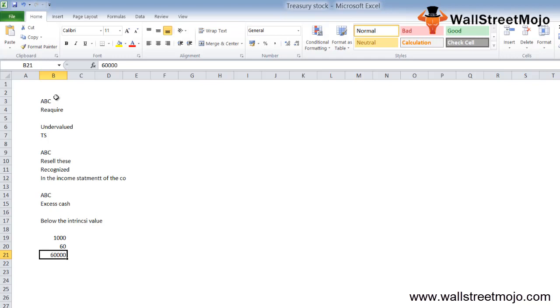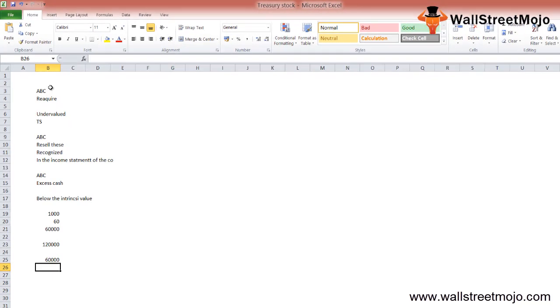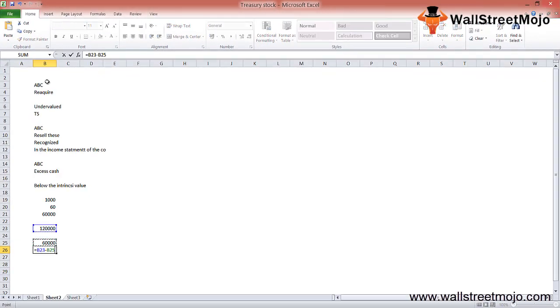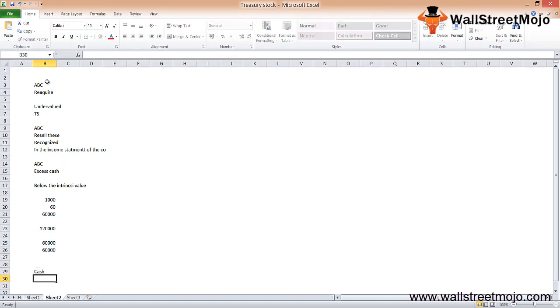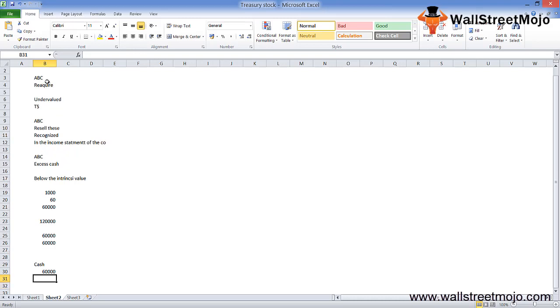The total sum of the company's equity account, including the common stock and the retained earnings, is $1,20,000. This repurchase leads to a treasury stock contra account, following which the $60,000 treasury stock repurchase is deducted from $1,20,000 in the equity account, leaving us $60,000. In a similar manner, the cash account on the asset side of the balance sheet is also decreased by $60,000.